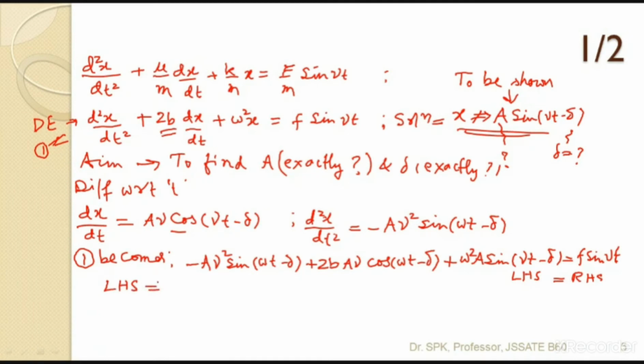I simplify the LHS. The first term has sine of mu t minus delta, and the third term also has sine of mu t minus delta. So I take the sine term as common factor, and a is a common factor. I can write minus a into omega square minus mu square, sine of mu t minus delta, plus the term with cos of omega t minus delta.